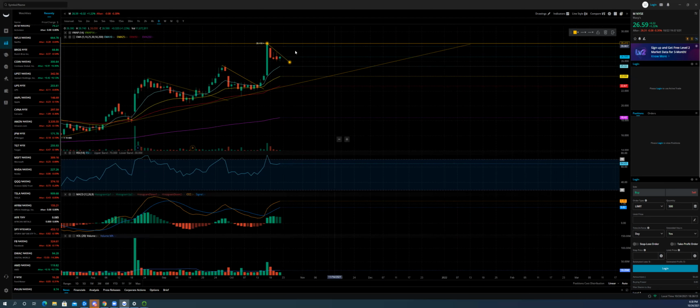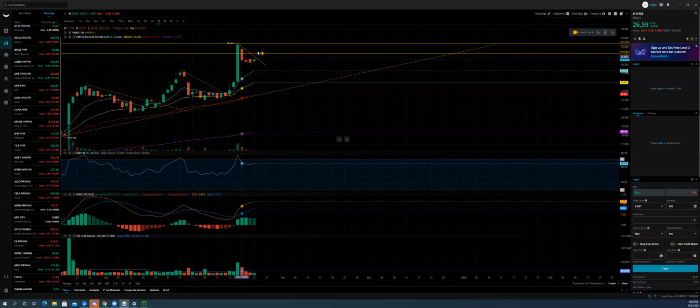So ideal entry could be around 27, but ideal entry is 26.25 or 26.26 once we get above this double top right here. So there's a safe entry, and then there is a more risky entry if you want to play it. So safe entry if you want to take above the double top. That is your safe entry.